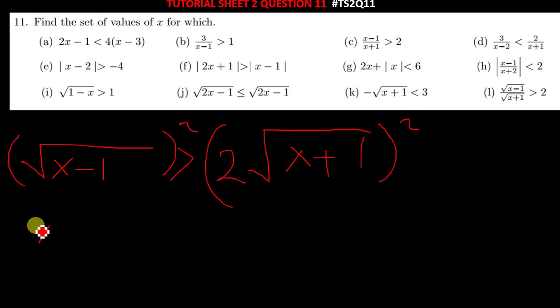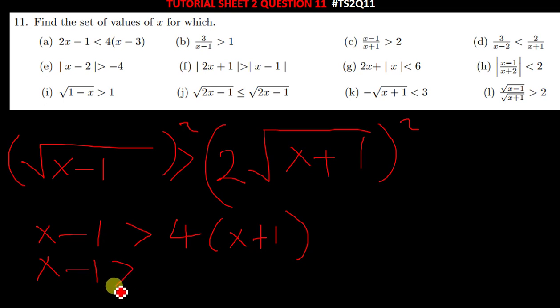So here you remain with x minus 1 greater than, this side you're going to have 4 times x plus 1. And then you just open the brackets that side. So 4 times x, you get 4x plus 4.